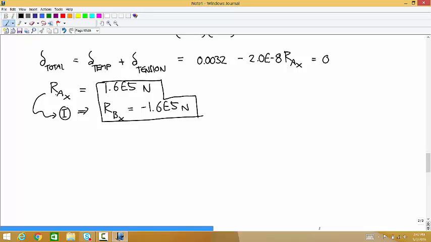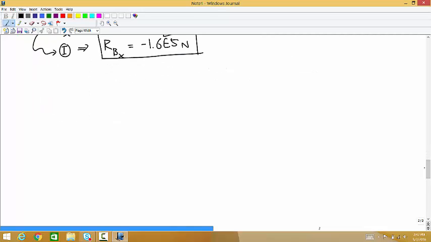All right, so now we're going into the hard part. So now we have to go to the deflection. And here's what we know. We know at x equals 0, first of all, the deflection is equal to 0, because it can't go anywhere.